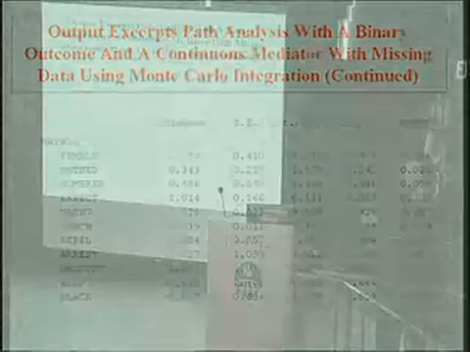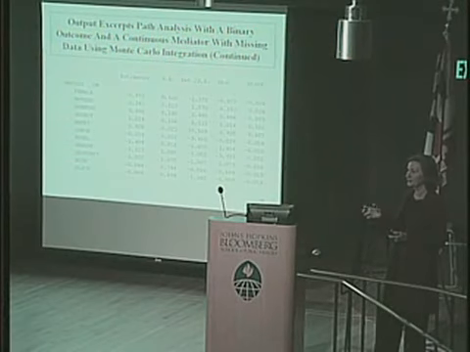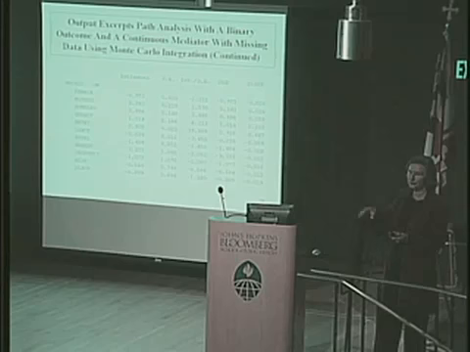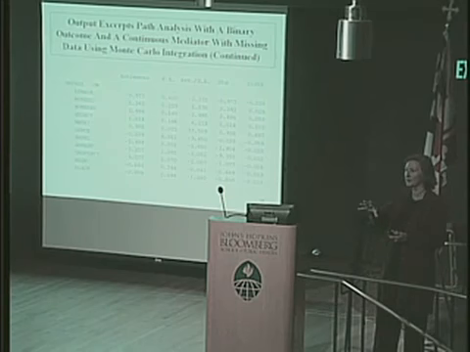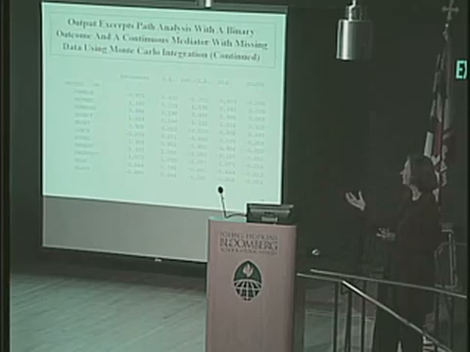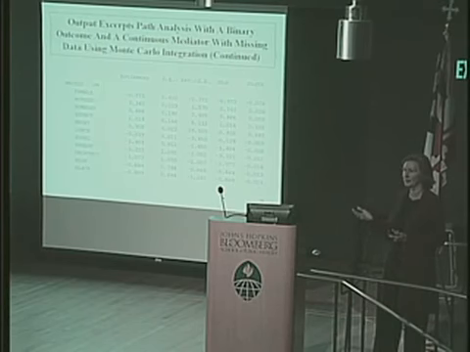We could have a path model that has linear, logistic, censored, Poisson, negative binomial, and multinomial logistic. We could have all different types of regressions in one path model that would be estimated simultaneously. And when you get your results, you interpret them depending on the type of regression coefficient that it is.